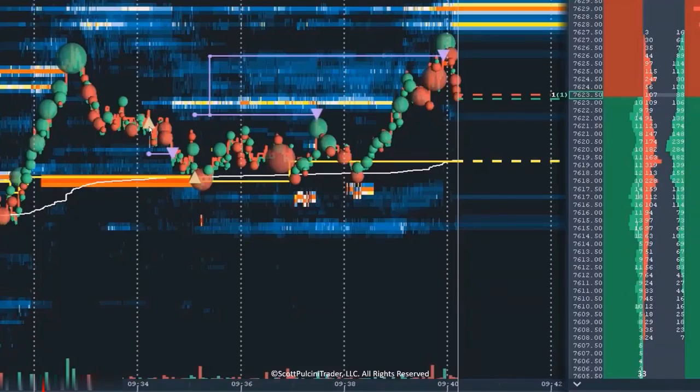But as you notice, look at the levels. I was not at very good levels. I got in around the 22 when this was liquidity, and POC and VWAP were around 18.